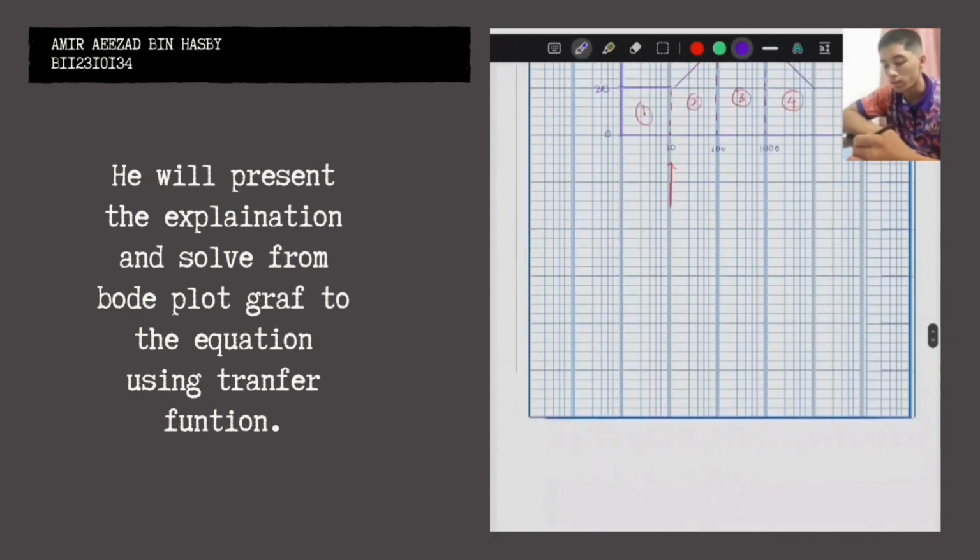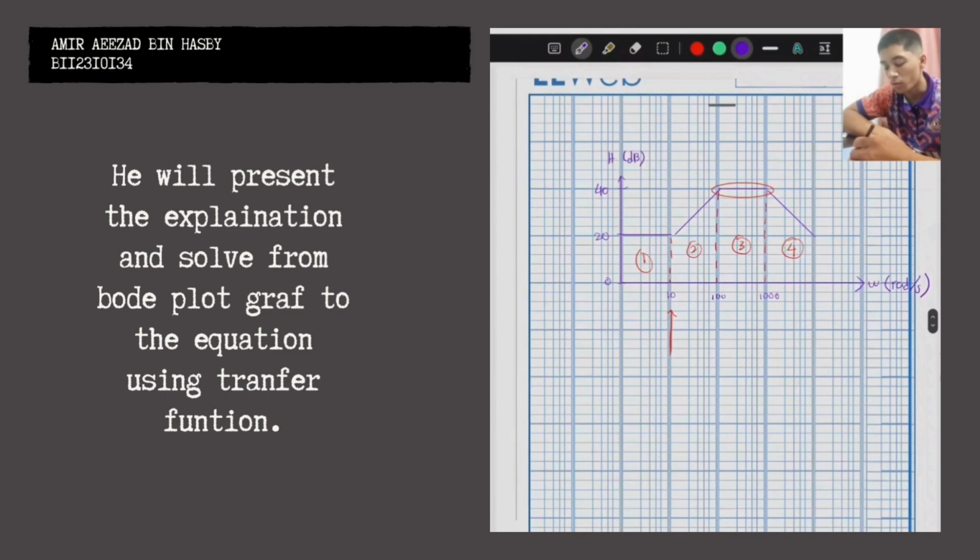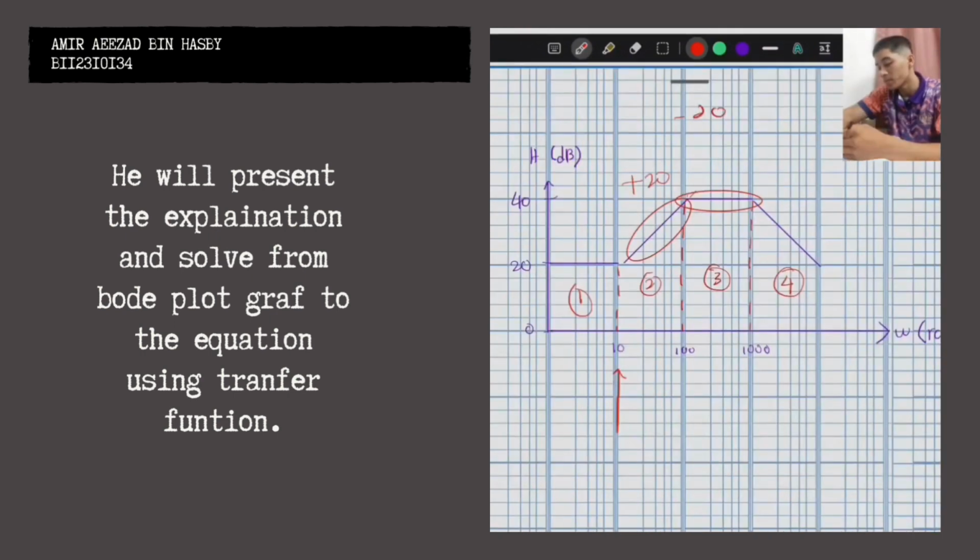We knew that there's an increase from the second part of the graph here. From 20 to 40, it increased by 20. Therefore, the slope must be 0. So if we look back at the second part of the graph, it increased plus 20 decibel.